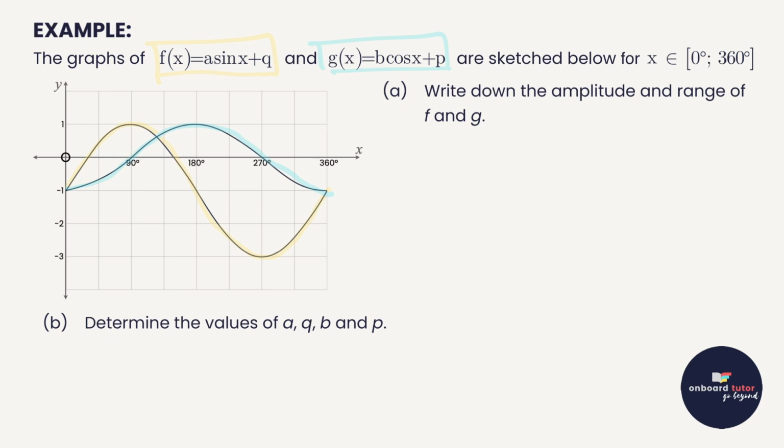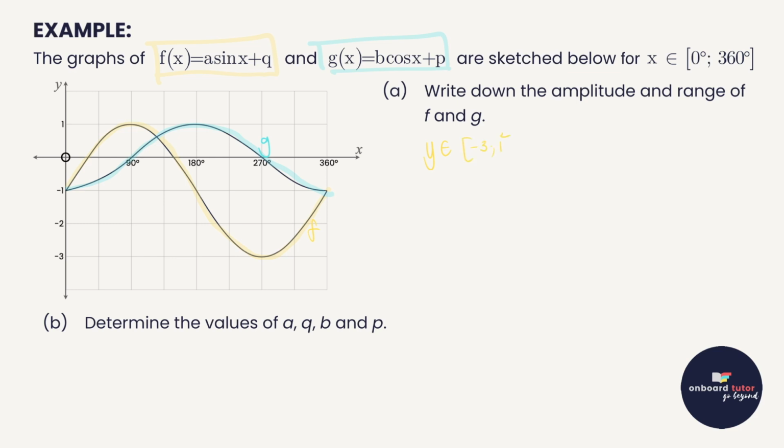Okay, now they say write down the amplitude and range of f and g. So f is this yellow one, g is this blue one. Let's answer in yellow and in blue. So f, the range, y is an element of. Then we just need to list the smallest number and the biggest number. So from minus 3 up to 1.